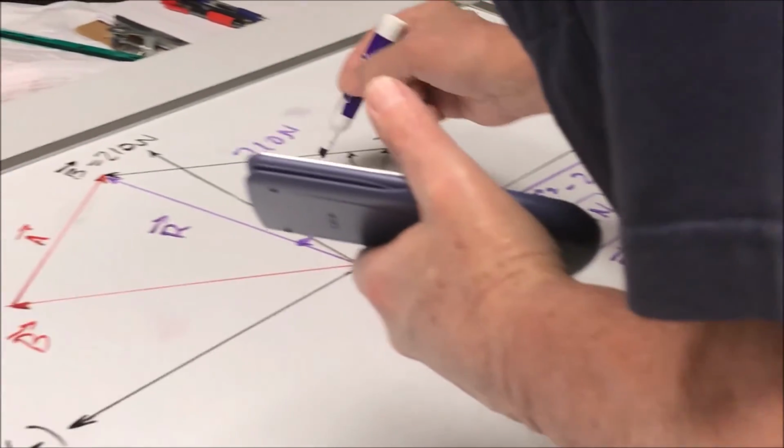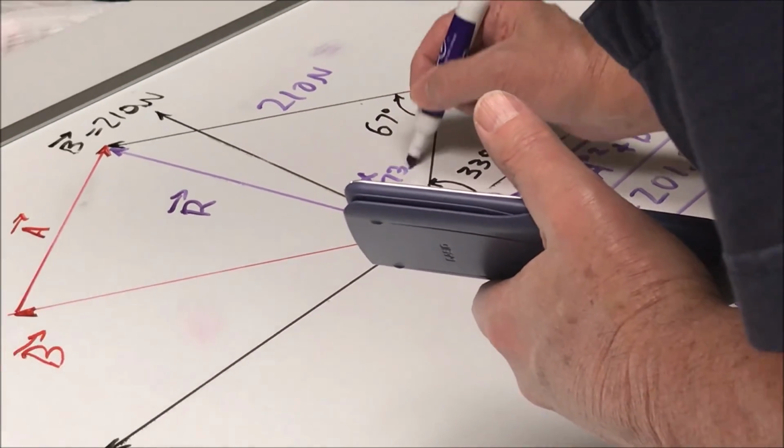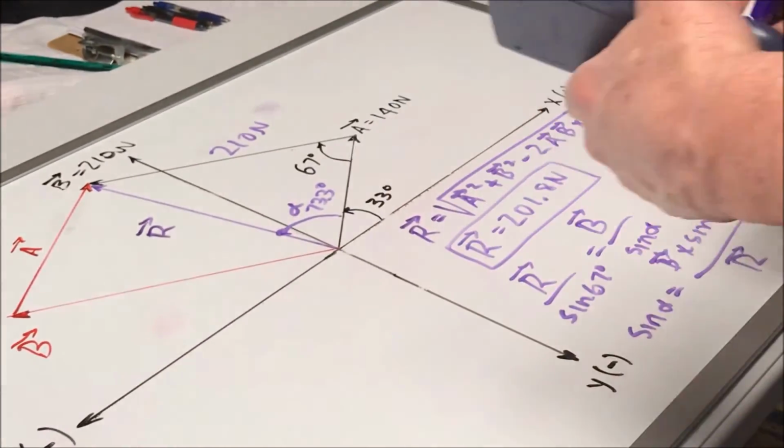This angle right here, alpha, is 73.3 degrees.